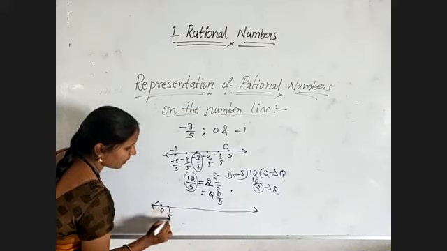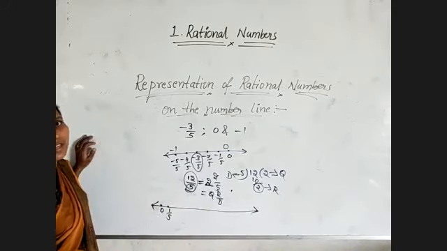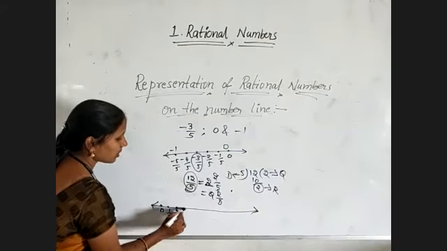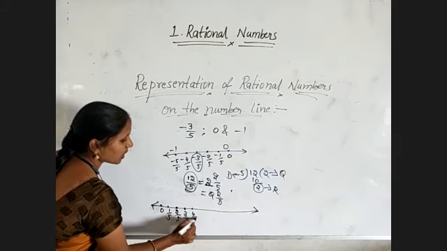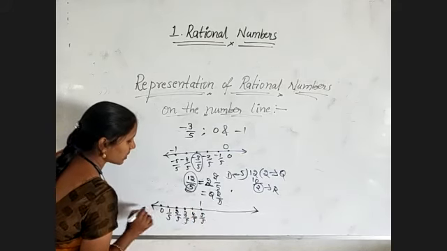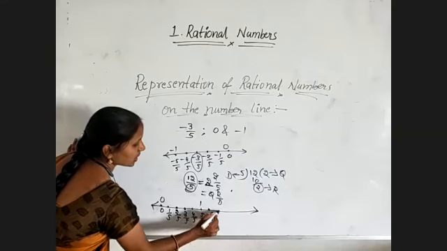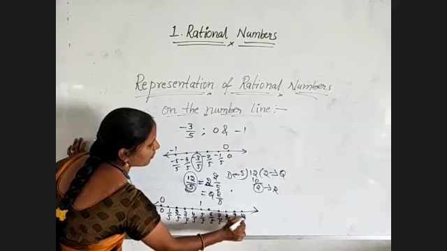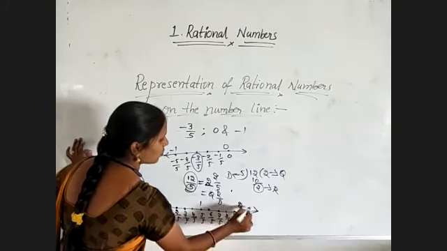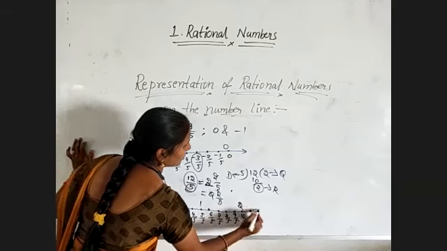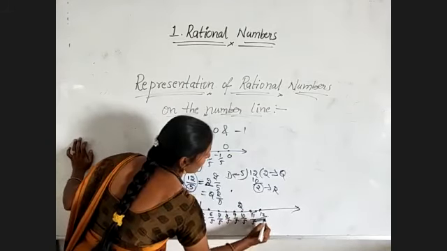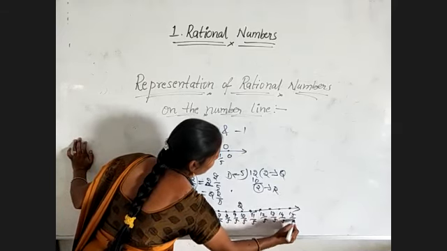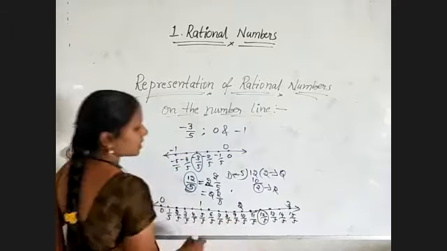0, 1 by 5, because the denominator is 5, we have to divide each part into 5 equal parts. 2 by 5, 3 by 5, 4 by 5, 5 by 5, which is 1. 6 by 5, 7 by 5, 8 by 5, 9 by 5, 10 by 5, which is 2. 11 by 5, 12 by 5, 13 by 5, 14 by 5, 15 by 5. 15 by 5 is 3 and 12 by 5 is between 2 and 3.